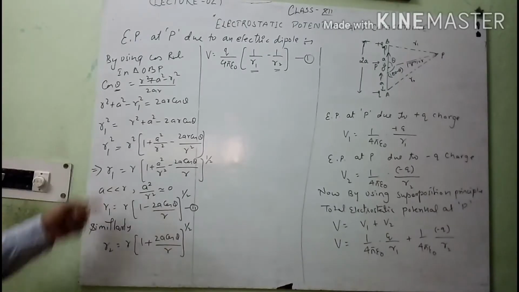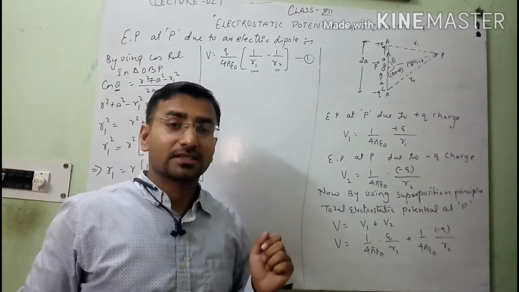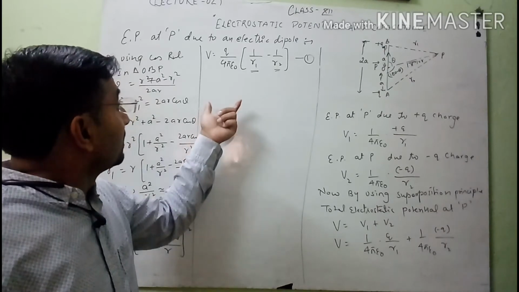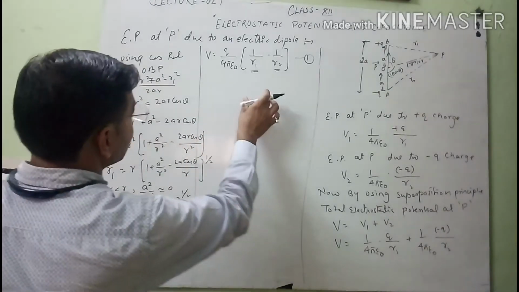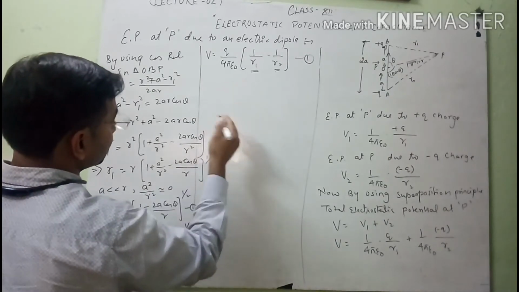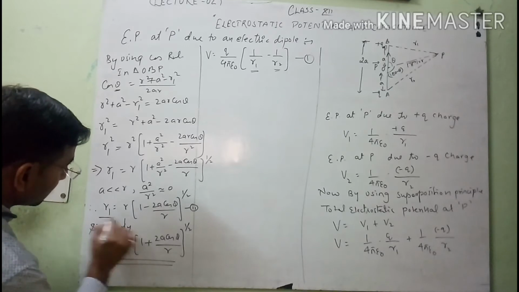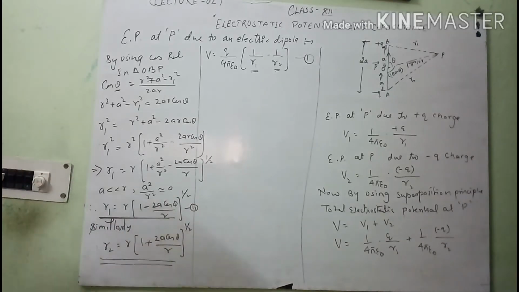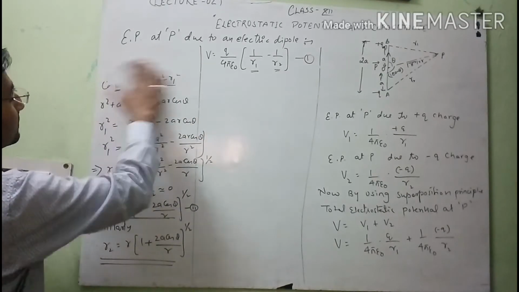If you want more about the cos rule, you can watch the class 11th video, lecture number 3, part 3. Now listen student, remember these two values. After this, I will erase all of this.